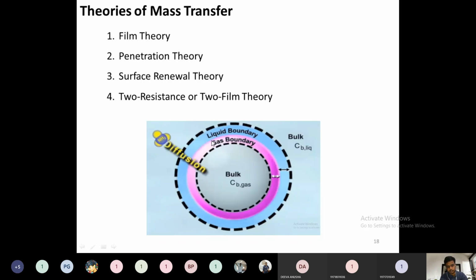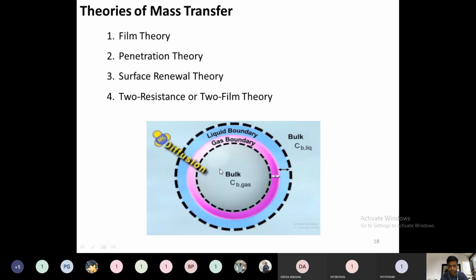As you can see, in the transfer of NH3 from the bulk gas phase to the bulk liquid phase, two types of resistance, or two types of films, offer resistance to the transfer of NH3 to the liquid water. The first is the gas film. We indicate its length with ZG, the distance of the gas film, and ZL is the length of the liquid film. So resistance 1 is the gas film resistance and resistance 2 is the liquid film resistance.